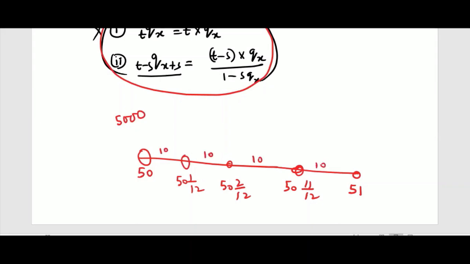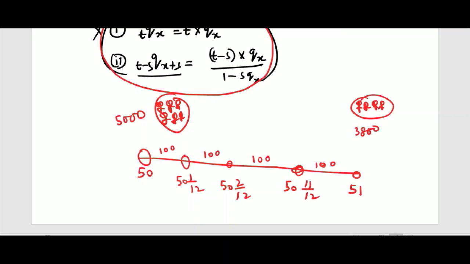Now 100 into 12, 1200. So now there are 3,800 people. There were 5,000, now there are 3,800. So how many died? 1200 in a year. That means 100 in a month. Now, is the mortality constant or not? That is the question.